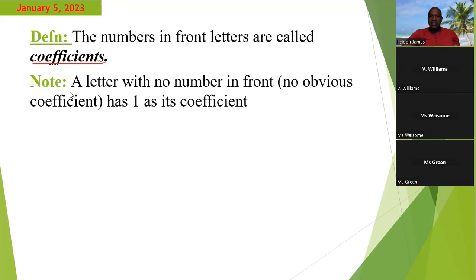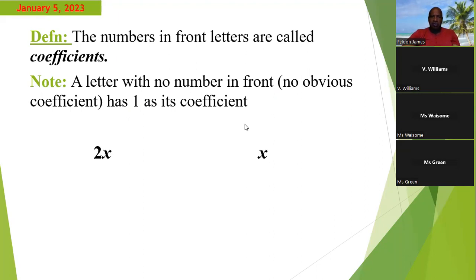So where you have just a letter by itself, we have to imagine that there's always a 1 in front of it, even if we are not seeing the 1. Owing to the fact that if you multiply 1 times that letter, you'll get back the letter. That means we can always say there's a coefficient of 1. All right.